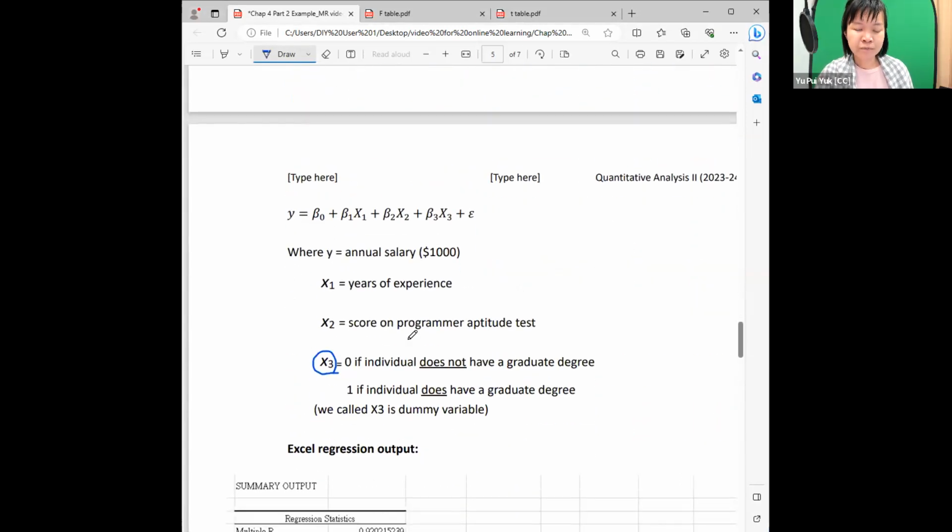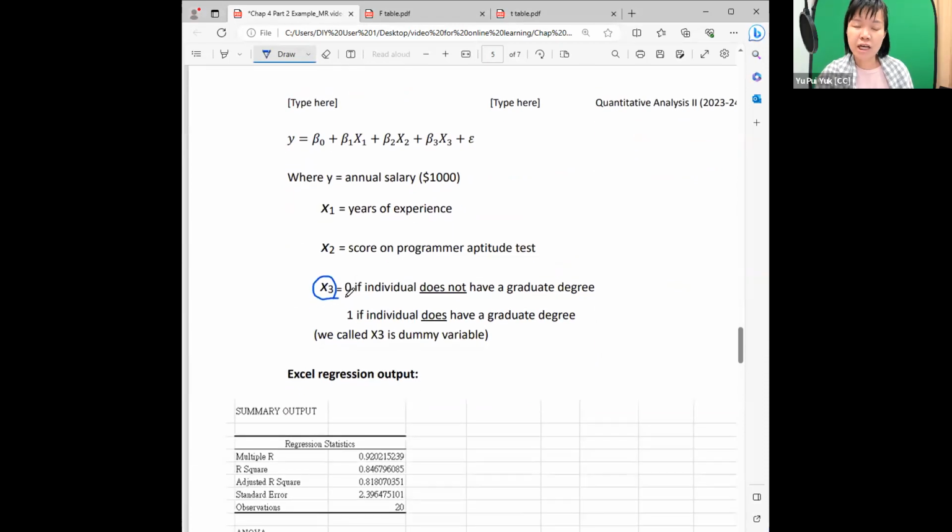So we have to change it to numbers. Here in our presentation, 0 represents the programmer does not have the graduate degree, and 1 means the individual has the graduate degree.